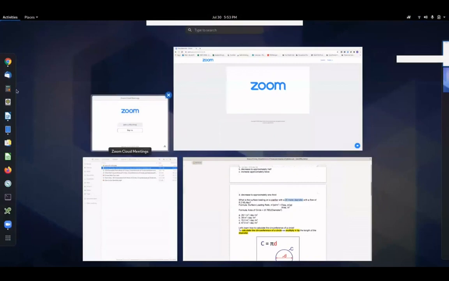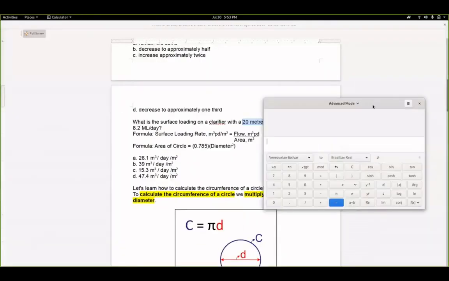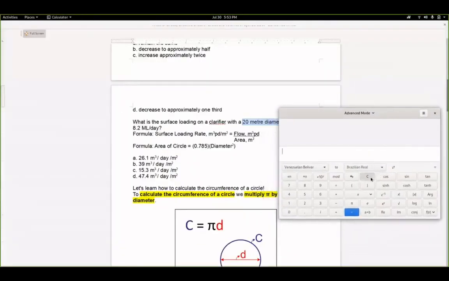To do that, we are going to divide by 1,000 because there are 1,000 thousands in a million. So 8,200,000 divided by 1,000 gives us 8,200. So that will be 8,200 for the flow in meters cubed per day.